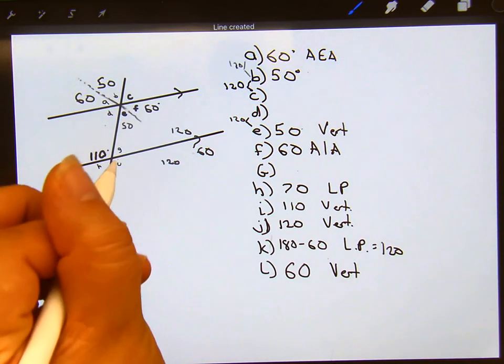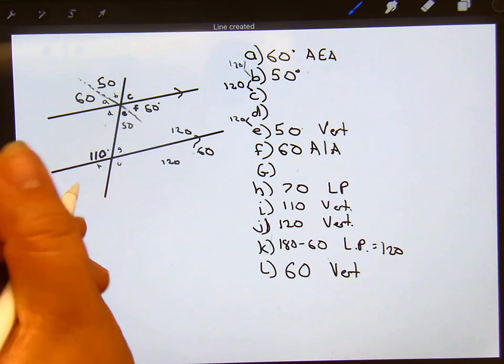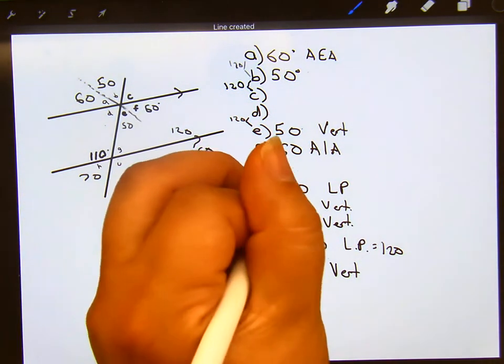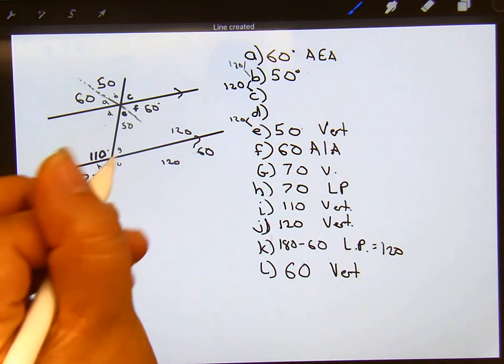It means it forms a line. So there's 180 degrees in a line, so H has to equal 70. If H is 70, well then that means G is 70 because it's a vertical pair with H.